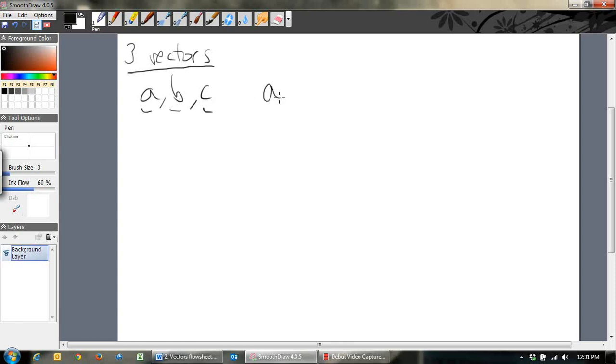In other words, can we write A as some combination of some scalar quantity m times B plus n times C, where m and n are just some numbers? Can we write A in terms of B and C?